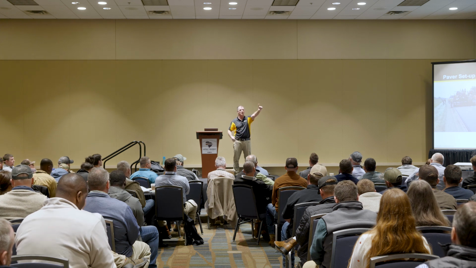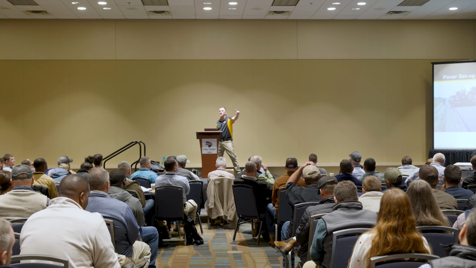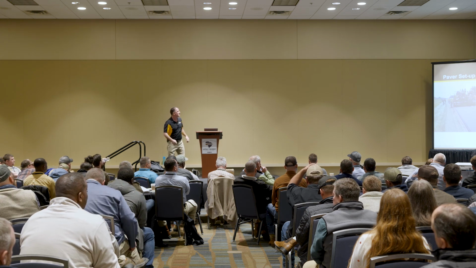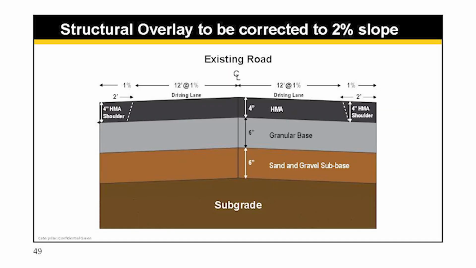So the thickness on the slope side can vary quite a bit depending on the existing grade. So you're going to check thickness on the right side in that case. And that's all this is saying. Slope doesn't care about thickness, right? So we need that quality control really on that base that we're putting down.